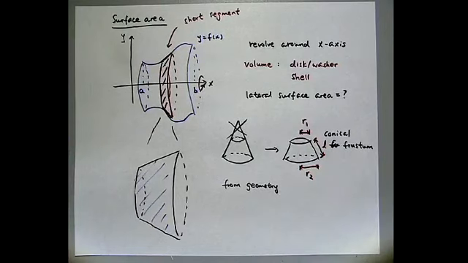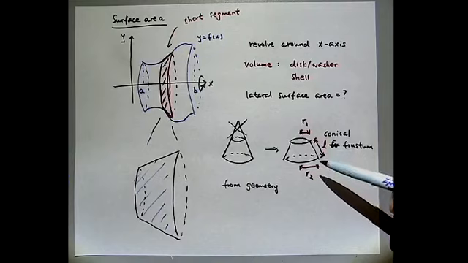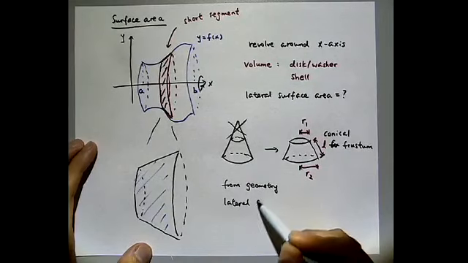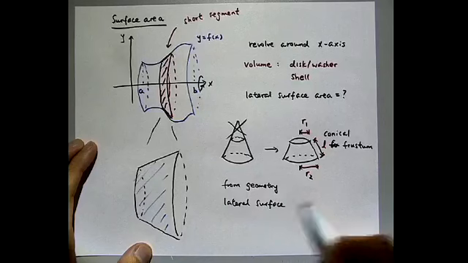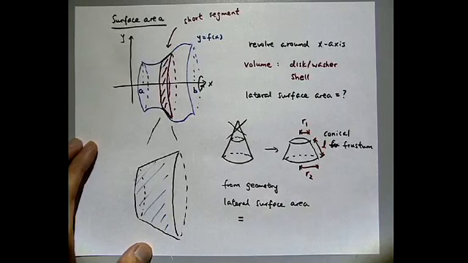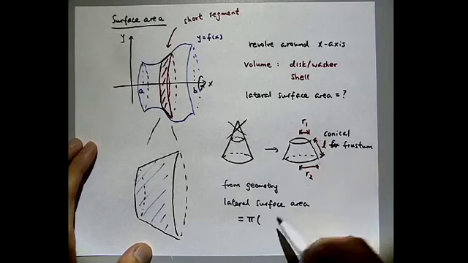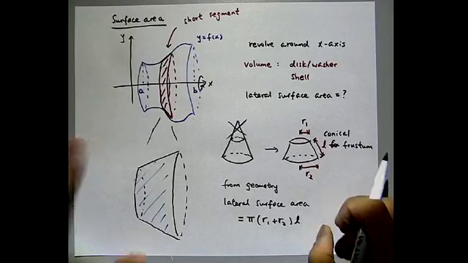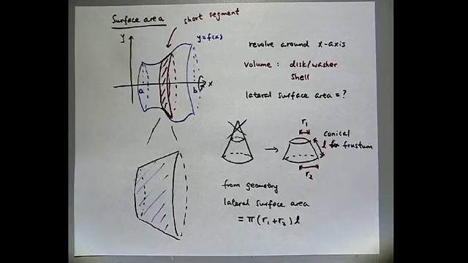So look up a geometry book and you can find out the volume and the lateral surface area of this object. And it turns out to be pi times the smaller radius plus the bigger radius times the length of the slanted side.